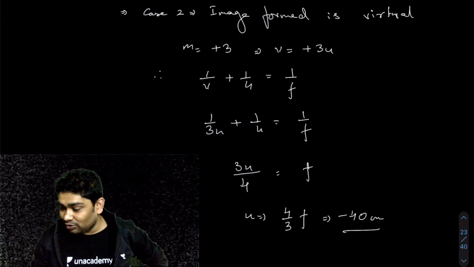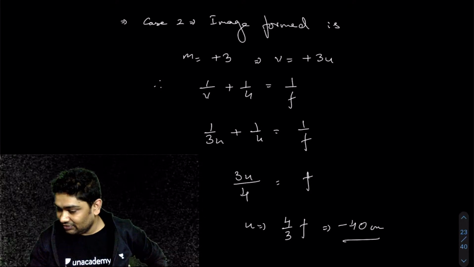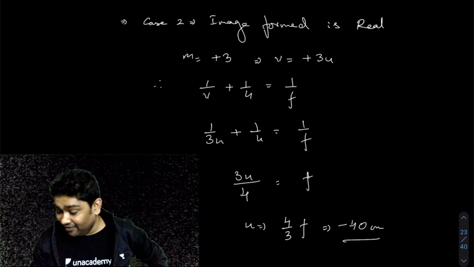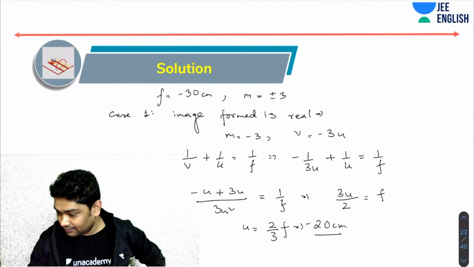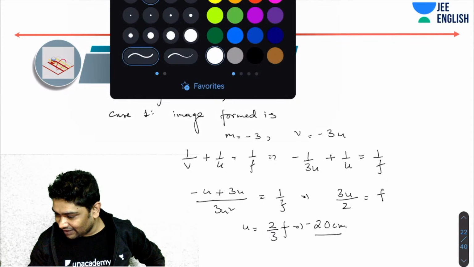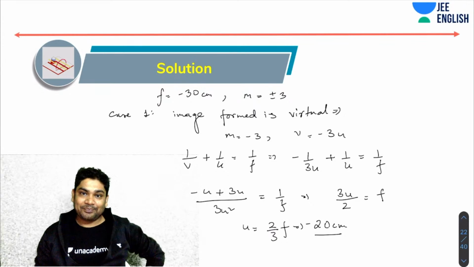The signs I took were opposite. If it was real, then I would have gotten this because M was minus V by U. That is why I'm getting the opposite. For virtual it would be this.